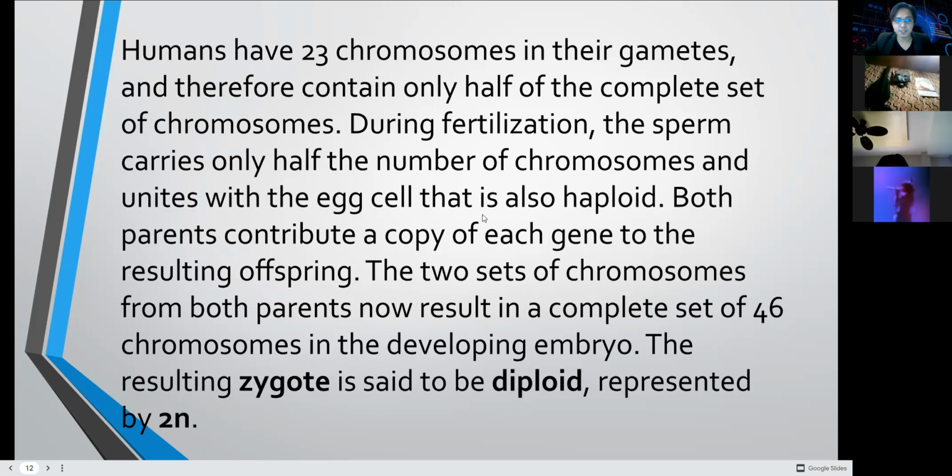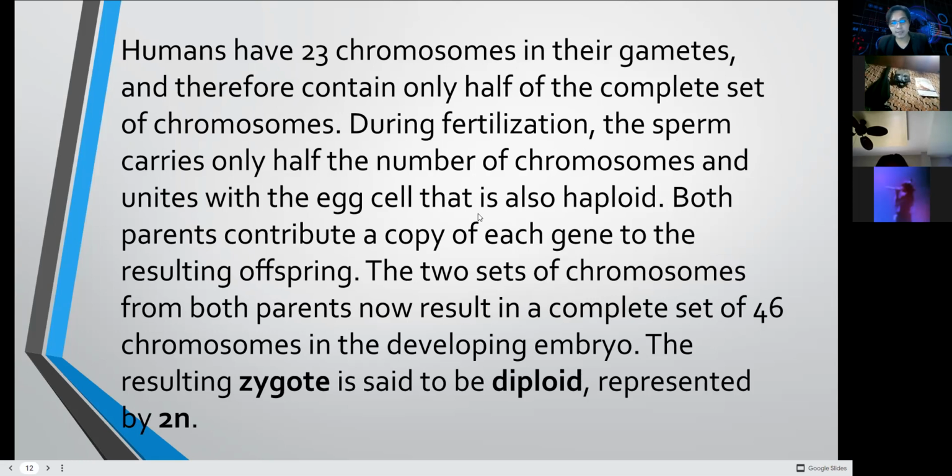The two sets of chromosomes from both parents now result in a complete set of 46 chromosomes in the developing embryo. The resulting zygote is said to be diploid. When you say diploid, it is complete. That's what I was telling you a while ago. Diploid means complete set of chromosomes.